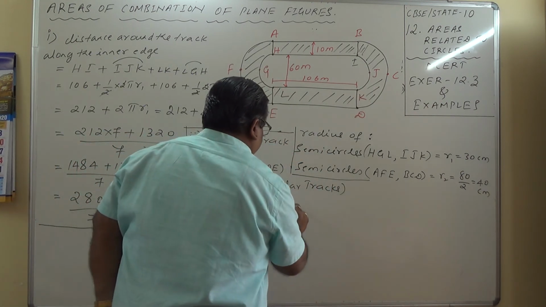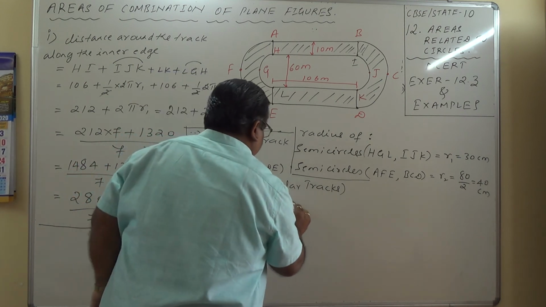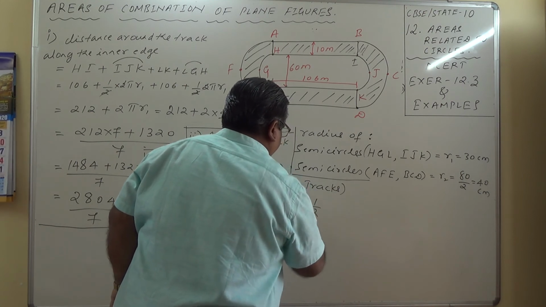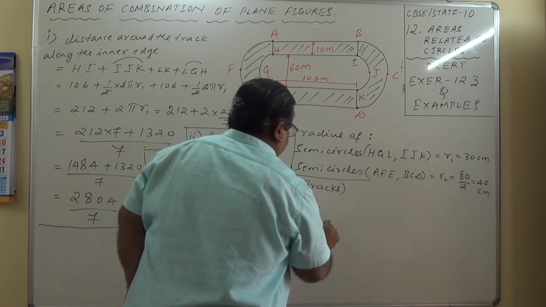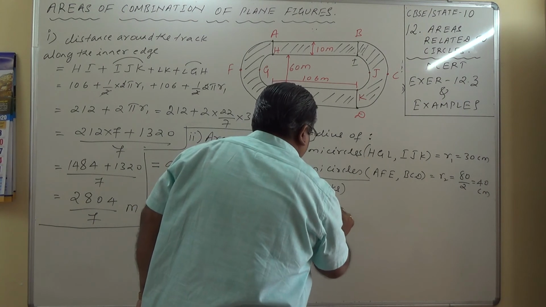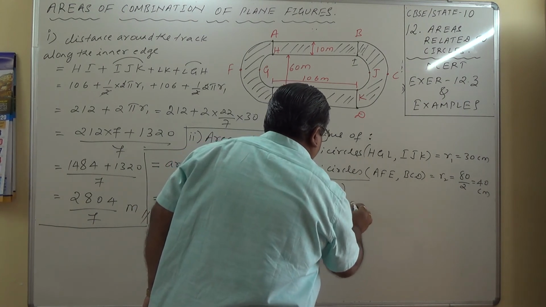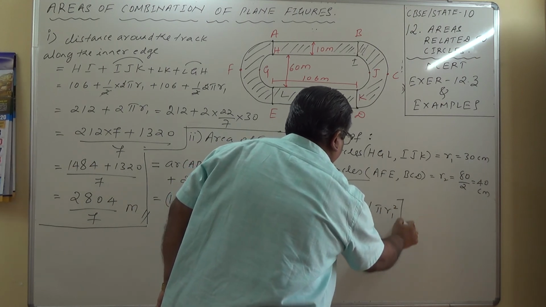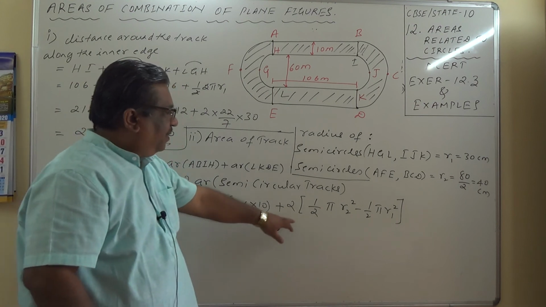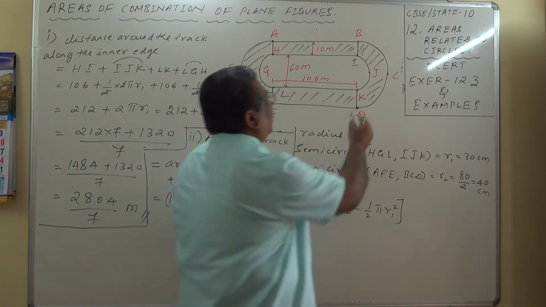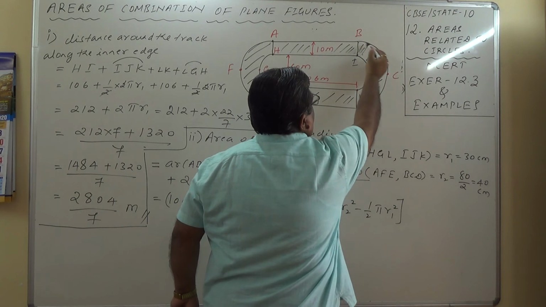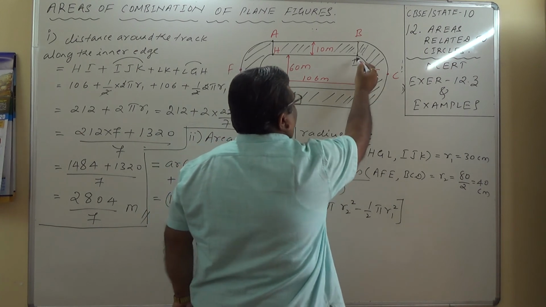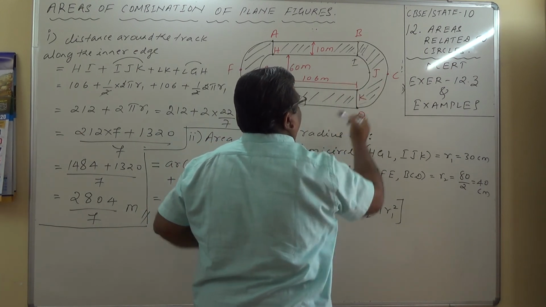So 2 times into bracket half pi r2 square minus half pi r1 square. I hope you are able to understand. Half of pi r2 square is this entire semicircle. See here, this entire semicircle area minus half of pi r1 square, this region.